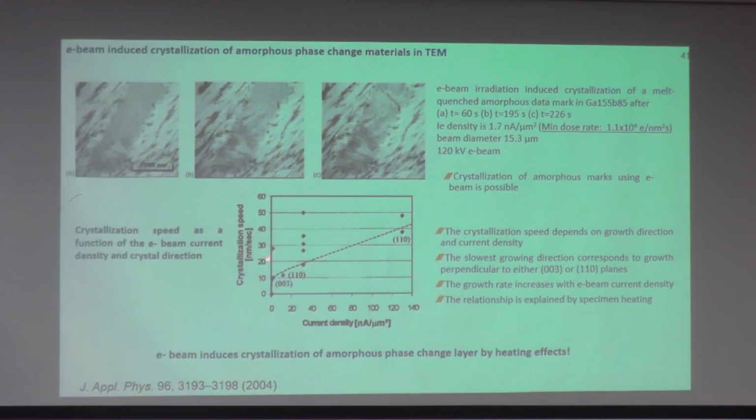What we can see is that the crystallization speed of this material depends on the current density. At low currents we see a low crystallization speed, at higher currents it is larger, and this also gives us an idea how the current density can influence the amorphization and the damaging processes in the TEM.